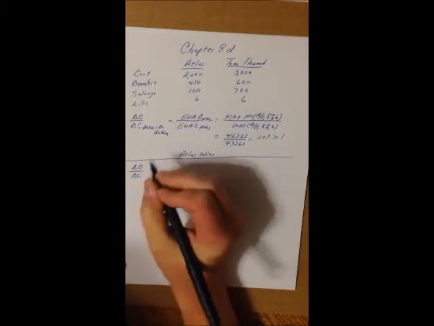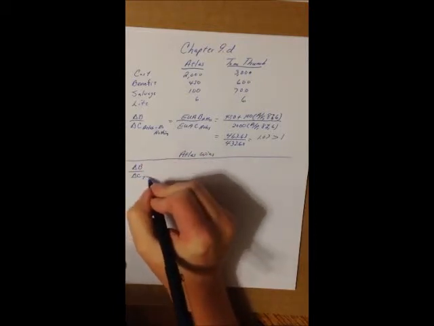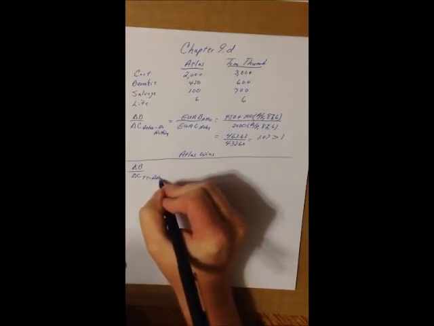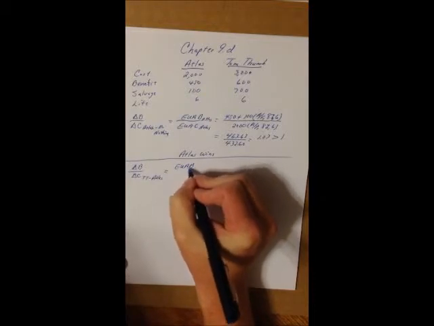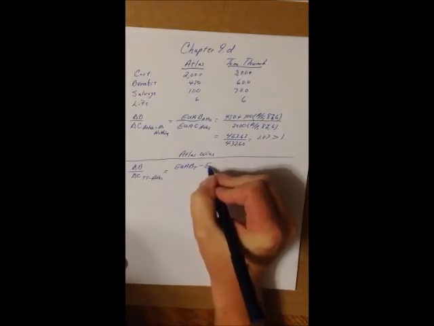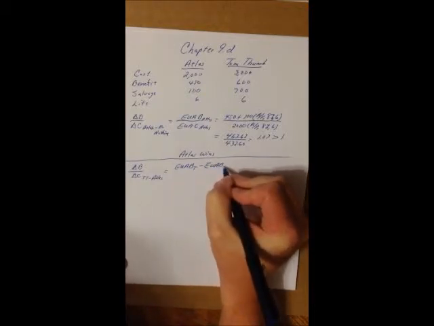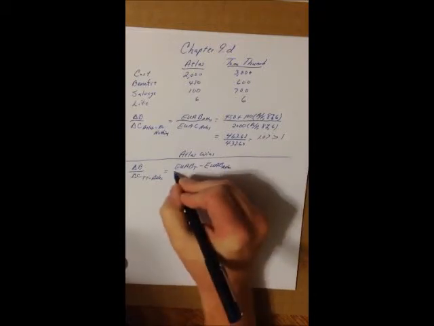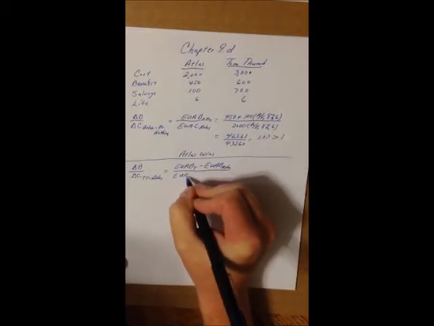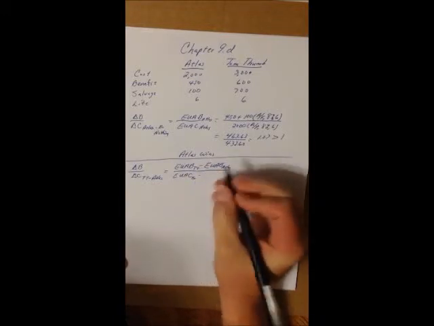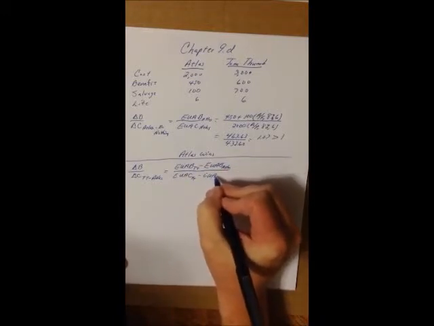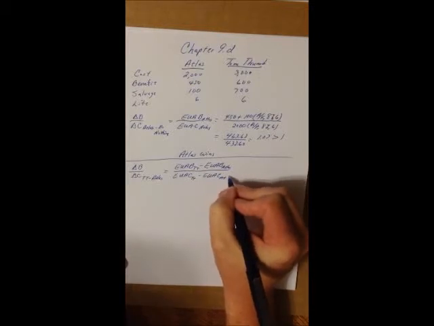All right. So with Atlas winning, all we need to do is compare the Atlas to the Tom Thumb. This would be the Tom Thumb minus the Atlas. Again, we're going to do the benefits of the Tom Thumb minus the benefits of the Atlas, over the costs of the Tom Thumb minus the costs of the Atlas.